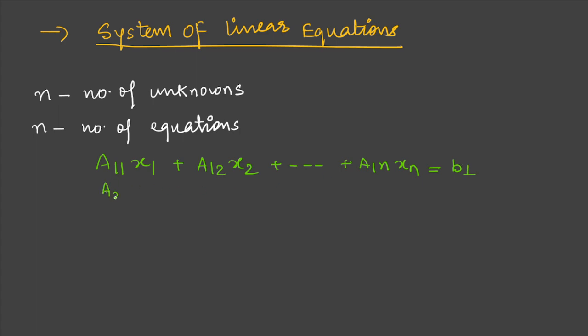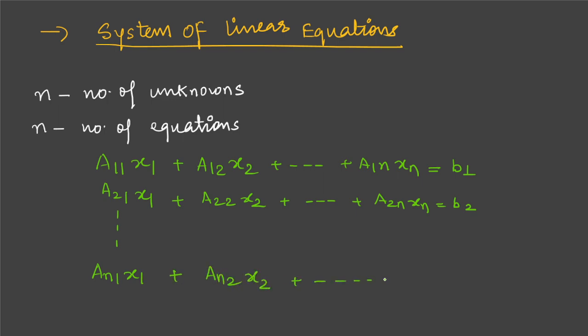Then here we have a21 x1 plus a22 x2, and in a similar way a2n xn equals b2. Since we have n equations, we will have n rows, so this is an1 x1 plus an2 x2, and it ends with ann xn equals bn. This is how our system looks.